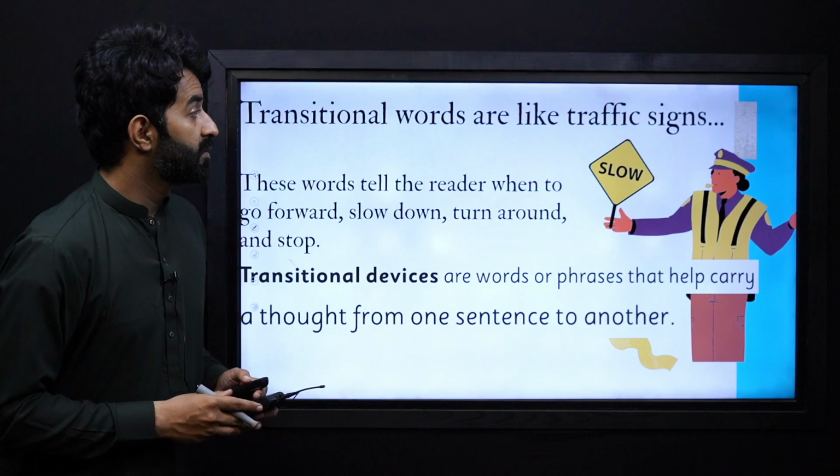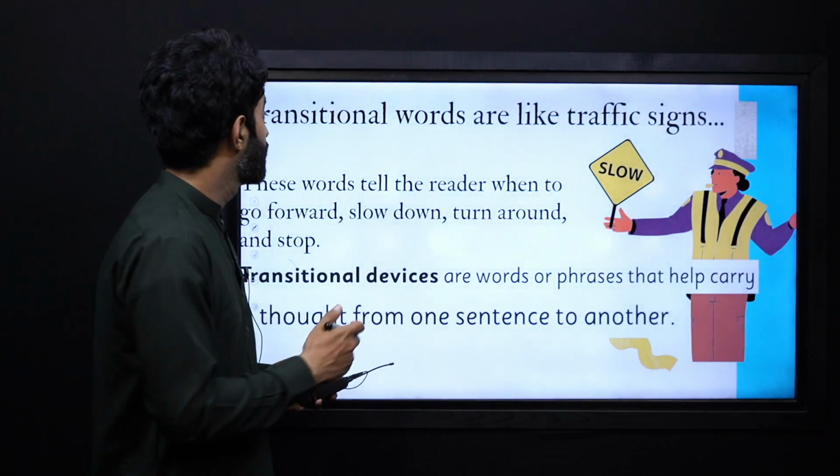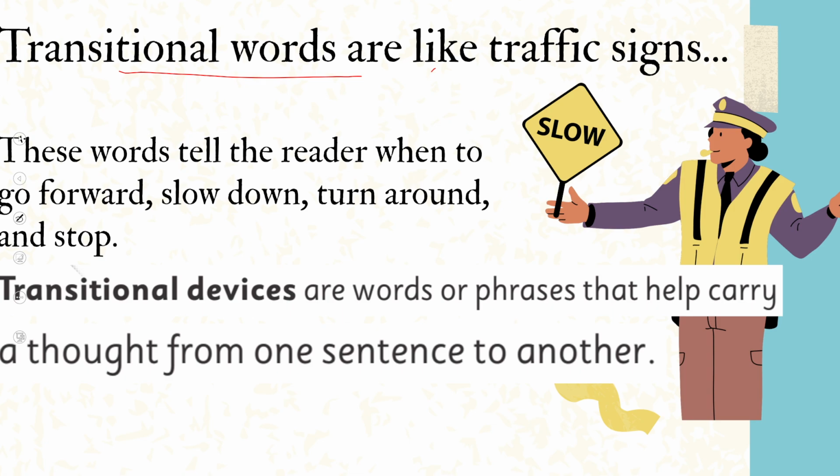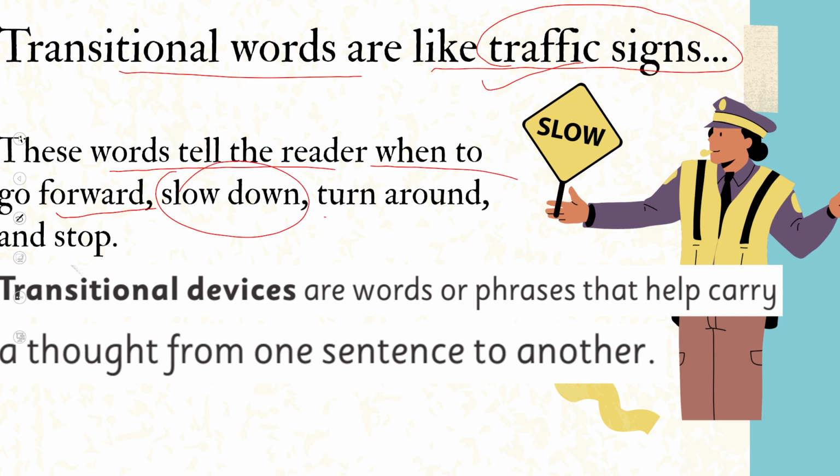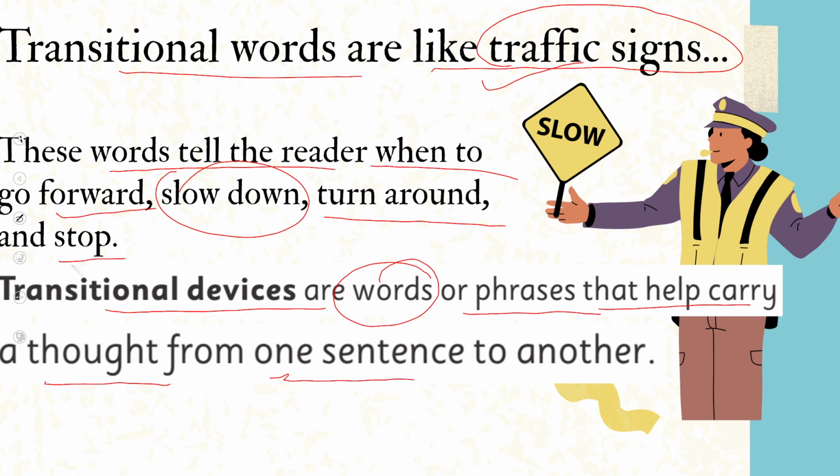Now transitional devices, let's see, they are like traffic signs. These words tell the reader when to go forward, slow down, turn around, and stop. So this is the purpose of transitional words, and transitional devices are words or phrases that help carry a thought from one sentence to another.